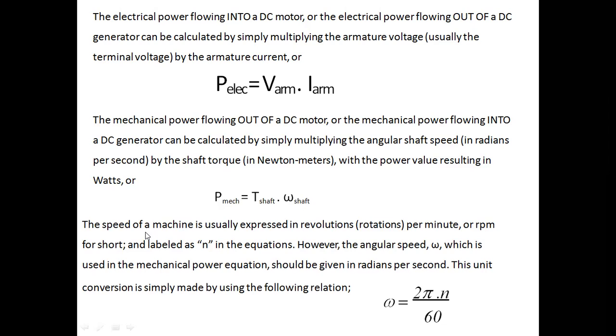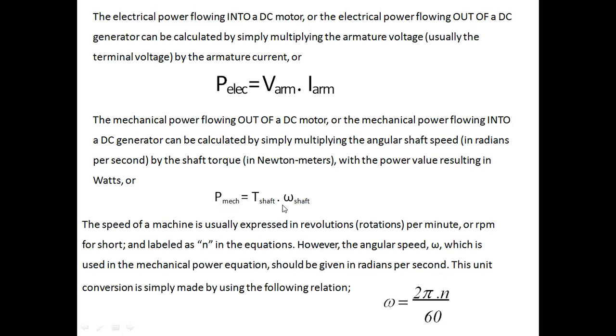But the speed of the machine can be calculated in rotations per minute. When we denote it by capital N, it is the speed of the DC generator or DC motor in rpm. But when we label it with small n, that is when we are measuring the angular speed, and at that time you are supposed to take that speed in radians per second.